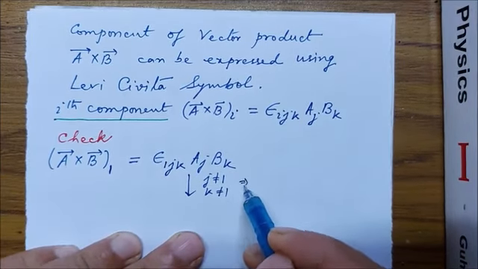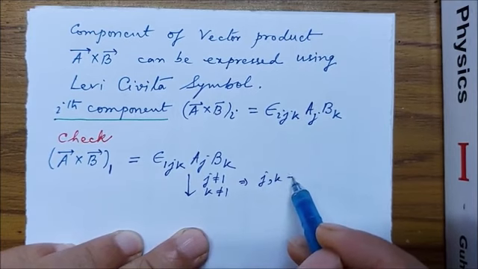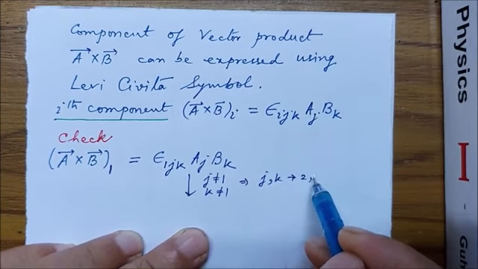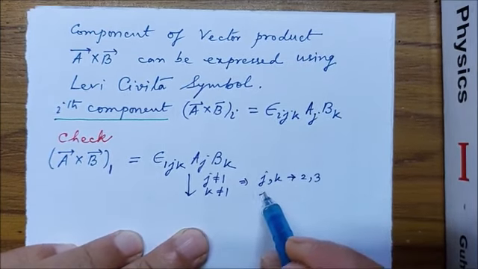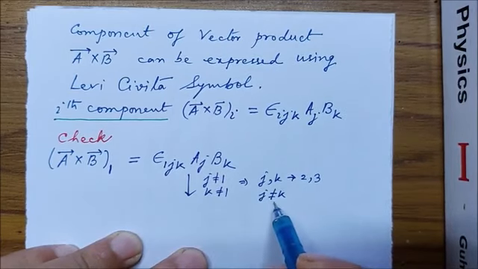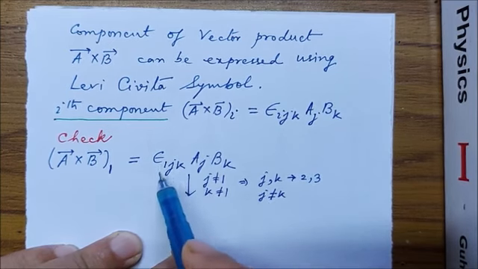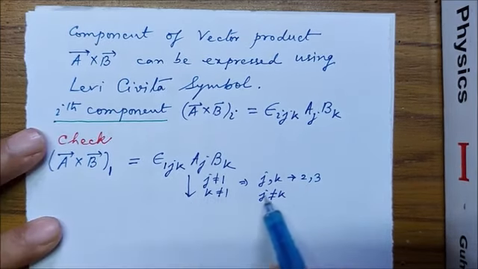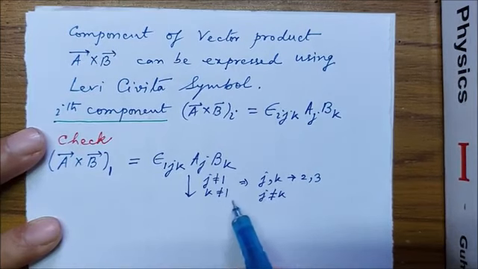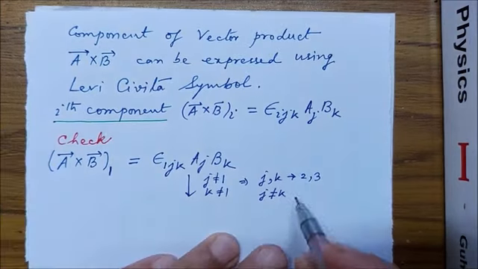And this means j and k will assume values 2 and 3. And again, j cannot be equal to k, because if they are the same, then again the Levi-Civita symbol will give 0. Clearly, these are the conditions to get the non-zero surviving terms.